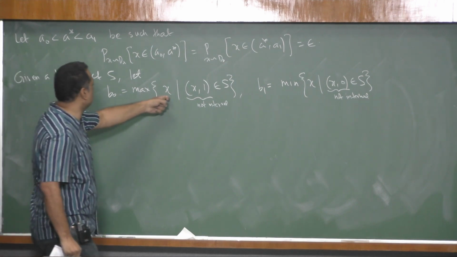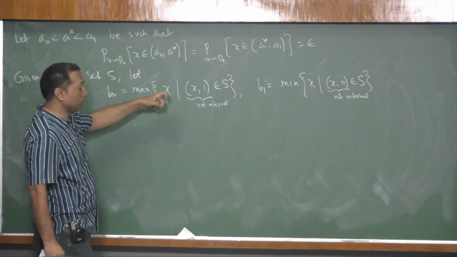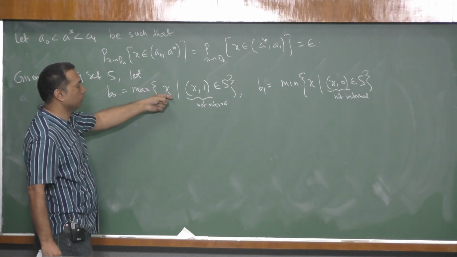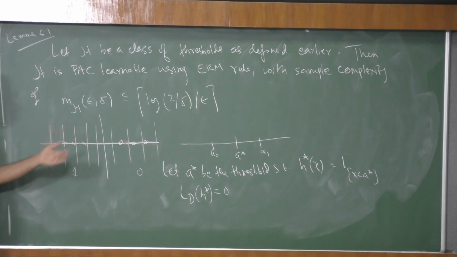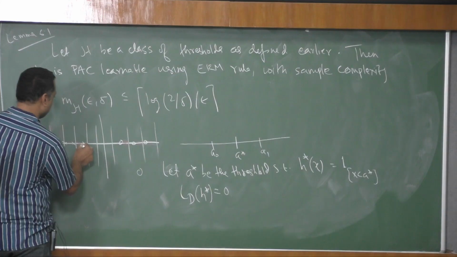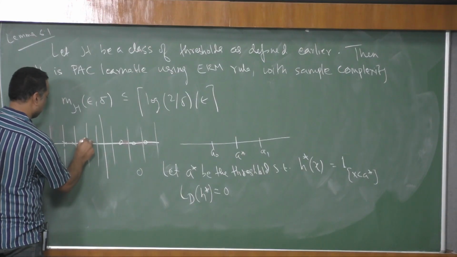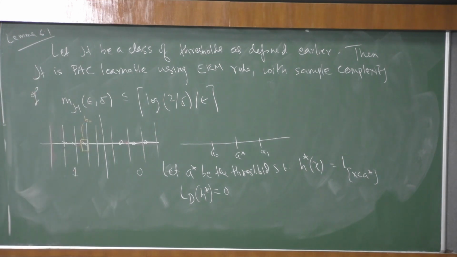So what this is trying to say is find a B0. B0 is the maximum of all the training points with label 1. So in our case, this is this guy, B0. This is the maximum of all the x which were labeled 1.